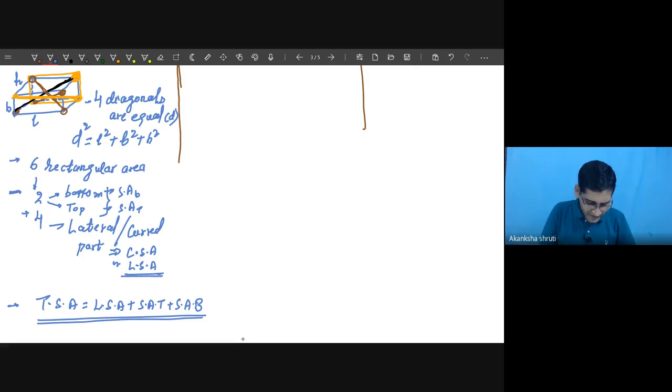Students, this is TSA and this is STA, means surface area of top.